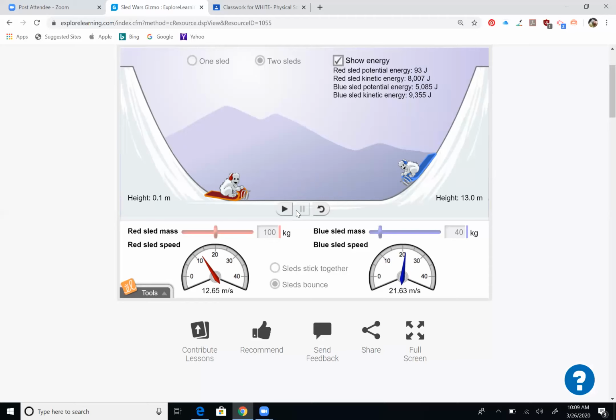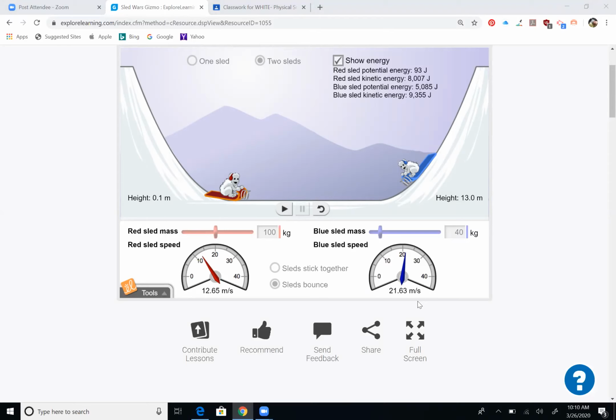93 plus 8,007 plus 5,085 plus 9,355 equals. And we are at 22,540. So is energy conserved in this type of collision? Yes or no?